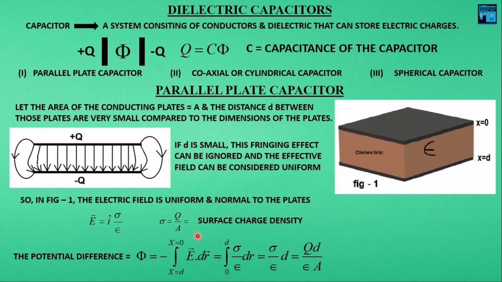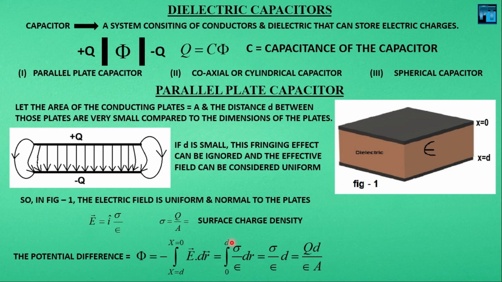Now, as we all know, E equals minus d phi by dr. So phi equals the integration of minus E dot dr. Now, in our second step, we just altered the lower and upper limits because this minus should be plus.